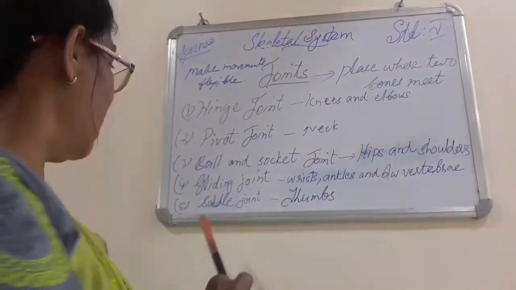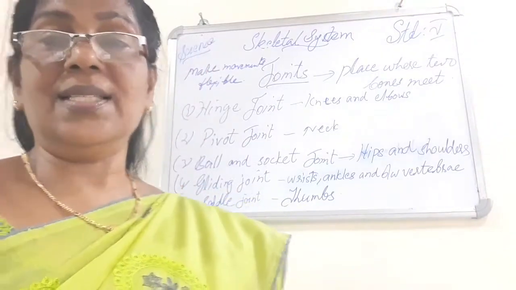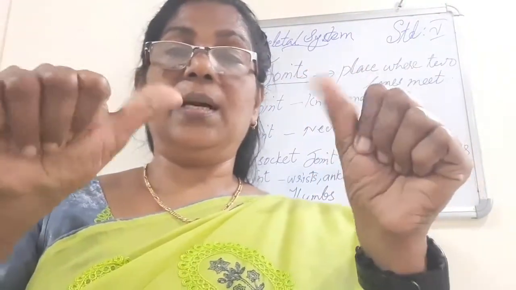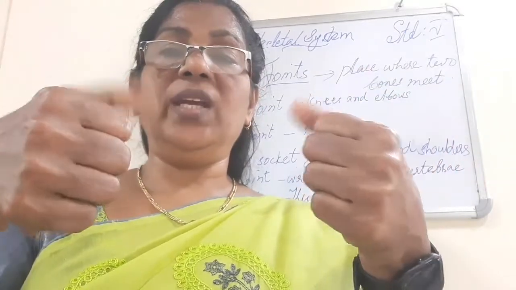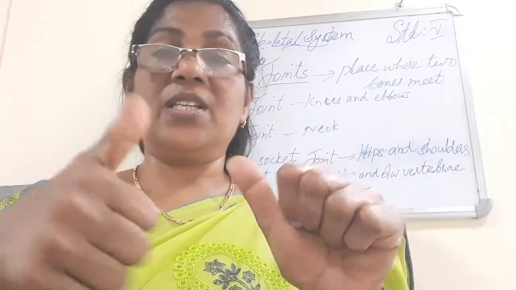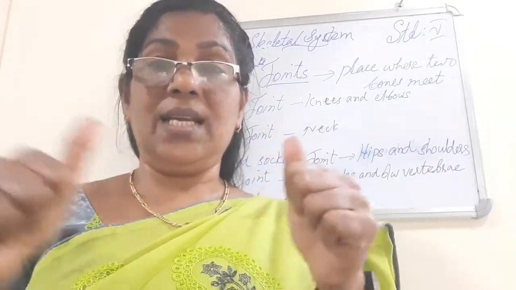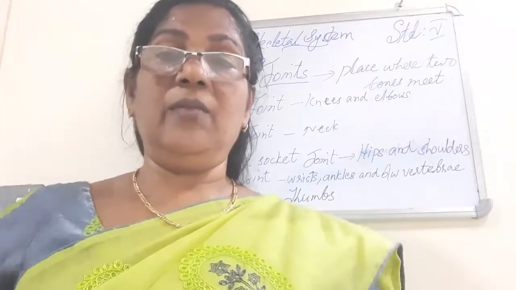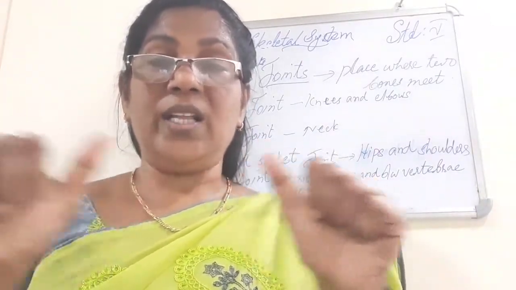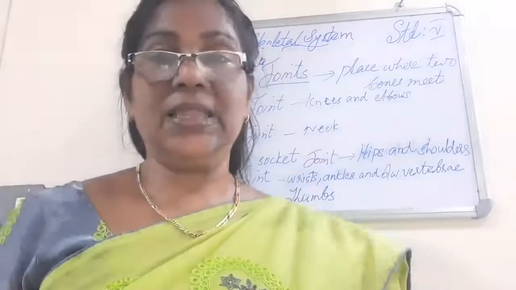And the last joint is the saddle joint. The saddle joint is present in the thumb. Okay, the thumb is able to move in different directions because of the presence of the saddle joint. It provides another type of movement, movements in all directions, so that we can manipulate things with the help of our thumbs.